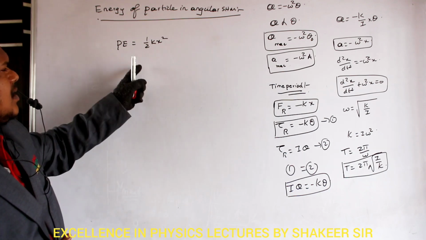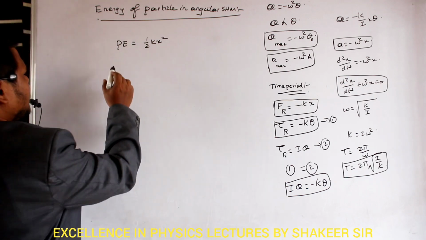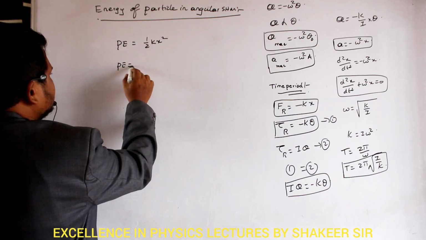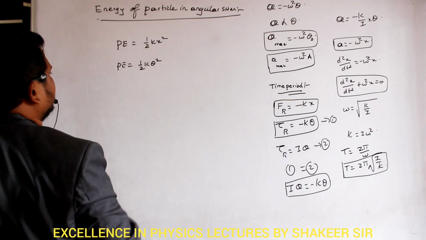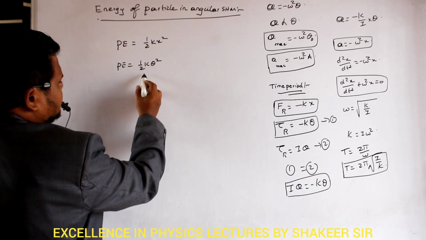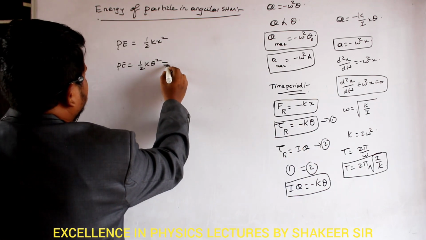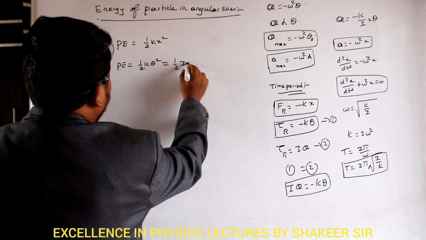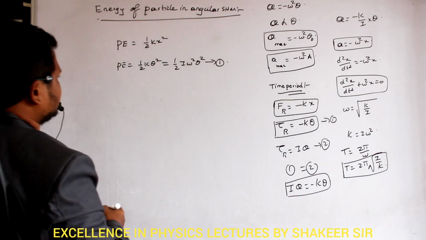And how can I write an analogous equation in terms of angular SHM? I can write like this: potential energy is equal to half k into theta square. Clear? Now what is k? K we have just calculated: I into omega square. So instead of k I can write half I omega square into theta square. Let it be our equation number 1.